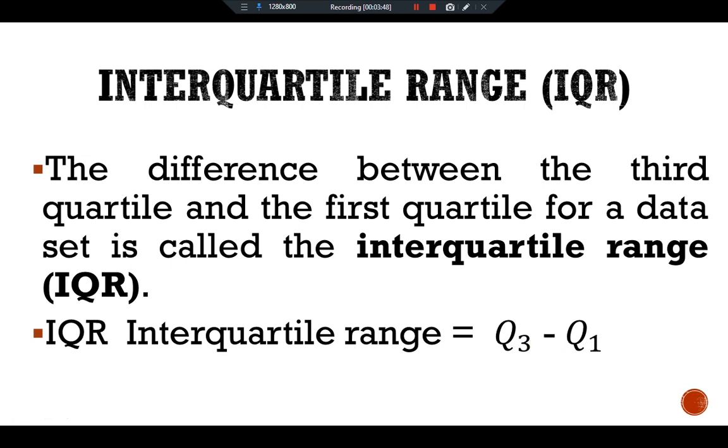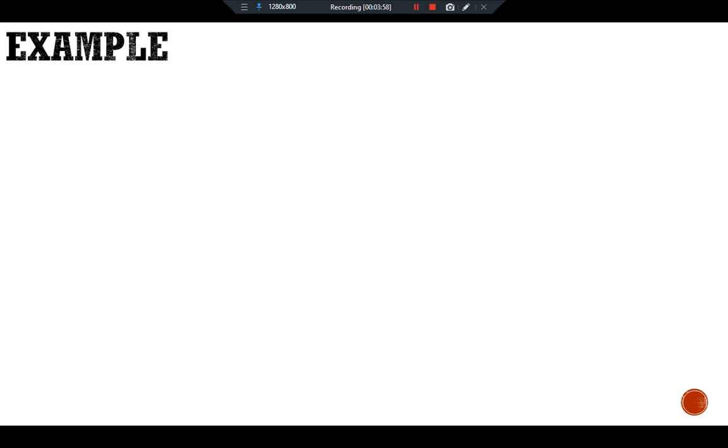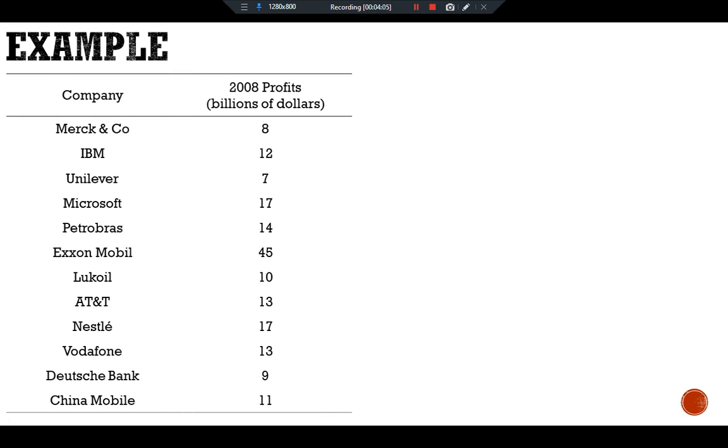So for further understanding about the quartile and interquartile range, let me give you an empirical example. Here we have data that gives us information about the 2008 profits of 12 companies selected from all over the world.